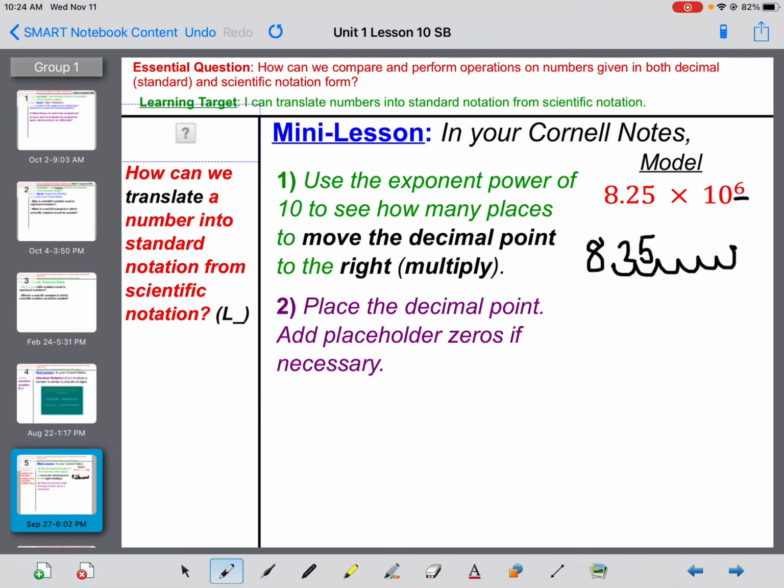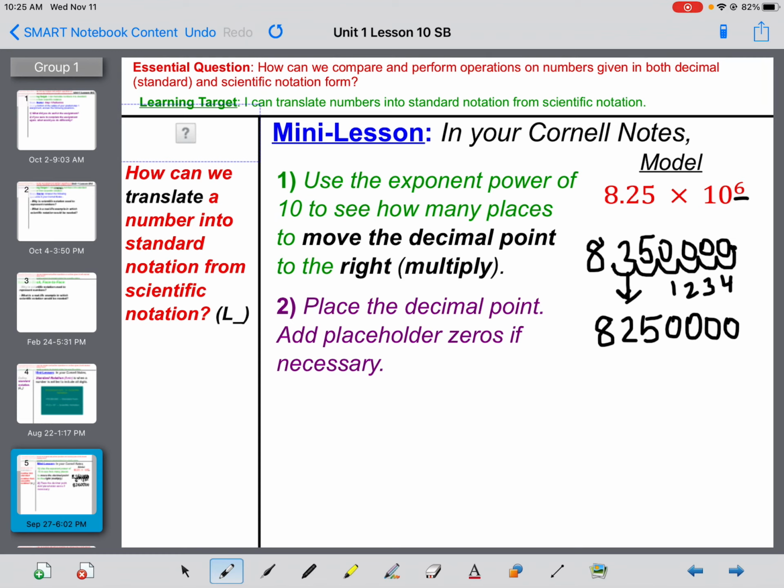Step number 2 tells us to add a 0 in any of these empty spaces that we see. So we see 1, 2, 3, 4 empty spaces. That means we're going to add 4 zeros to the end of this number. If we include this entire number and write it out nice and neat, we have 8, 2, 5, 1, 2, 3, 4 zeros.